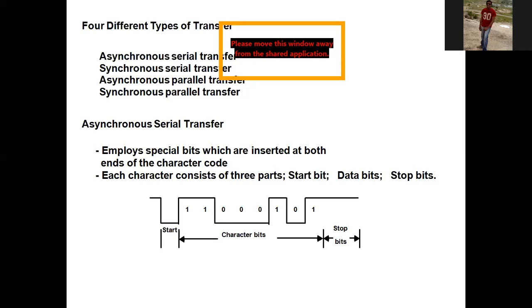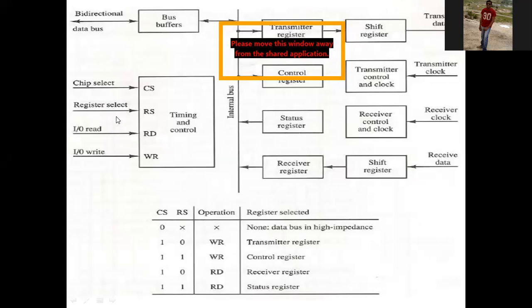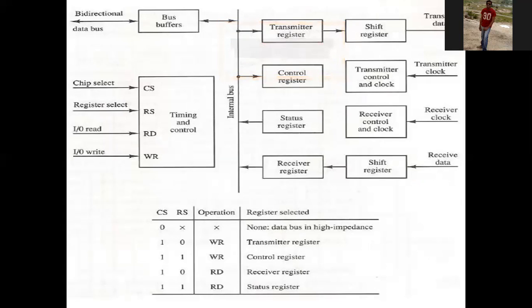The next concept is an important one, the asynchronous communication interface. As I posted in the group as well, one long answer you can expect from this concept is to draw the block diagram of the asynchronous communication interface.